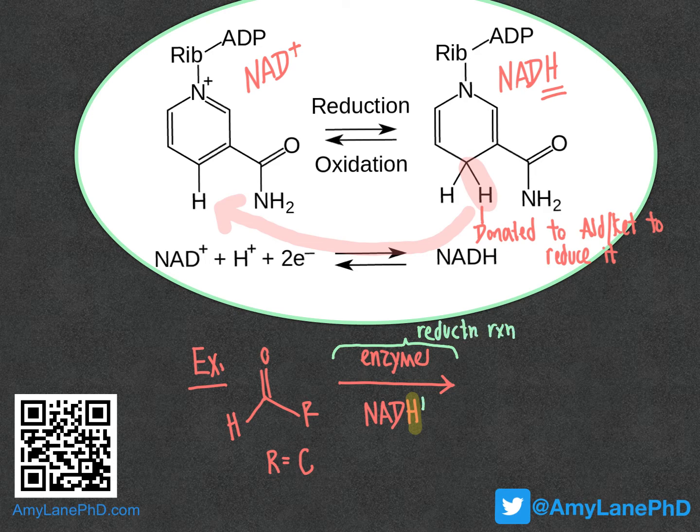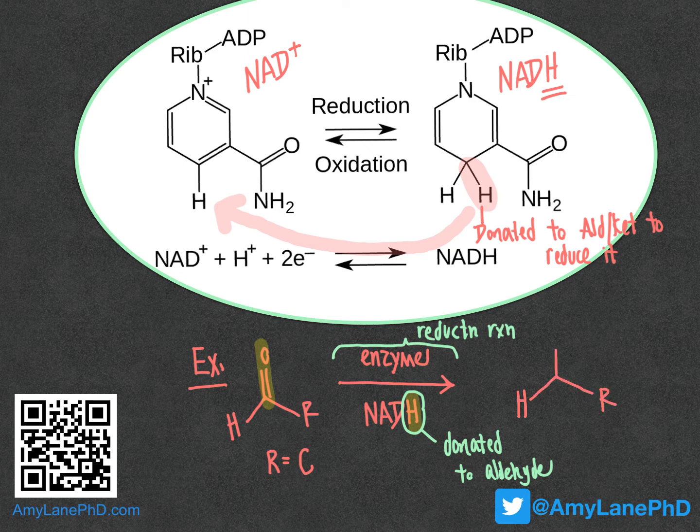So during the reaction that the enzyme is catalyzing a reduction reaction, what will happen is that this hydrogen atom is donated to the aldehyde molecule. And in actuality, it can be a couple of these being donated to the aldehyde molecule, so that ultimately we replace this carbonyl group of our aldehyde with instead a hydroxy group of an alcohol.